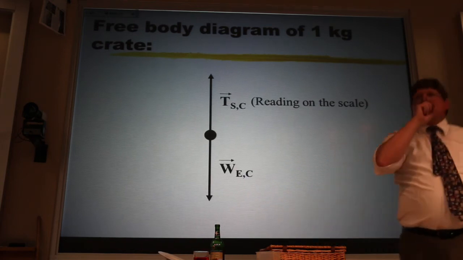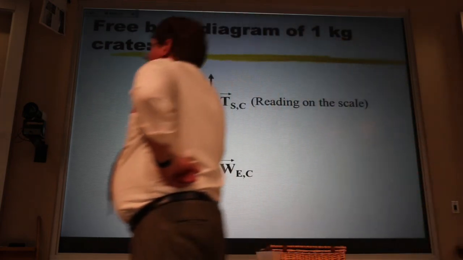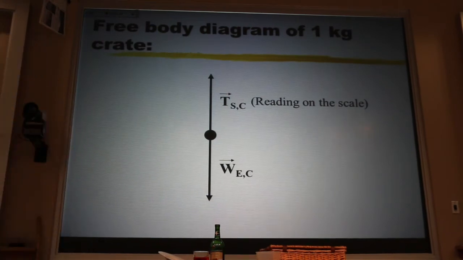Why? Tell your neighbor why. That upward force has to equal that downward force. Okay. If you said by third law, slap yourself and don't miss Friday. Okay?